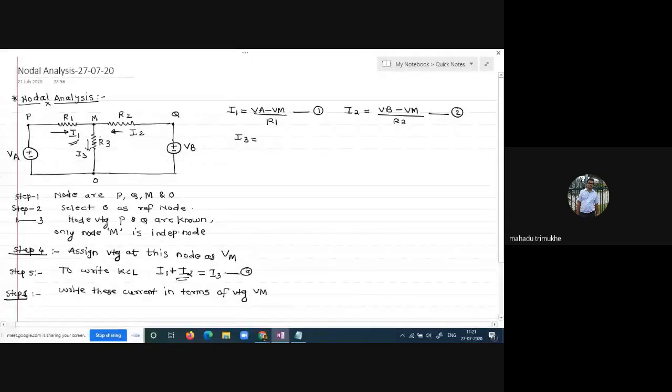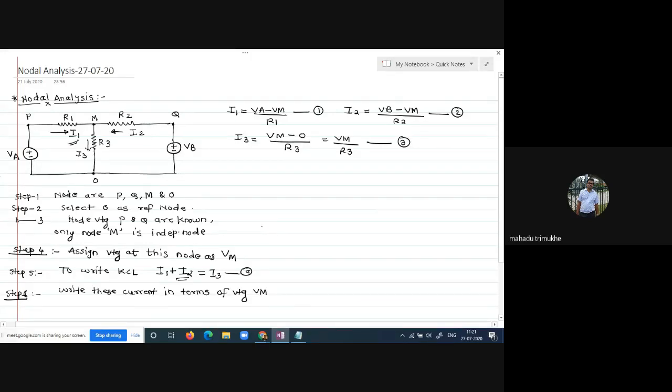I3 is nothing but your VM, since the other voltage is 0, divided by your R3. That is VM by R3. That is equation number 3. Means here we have to write the currents in terms of voltage VM. That is step number 6.